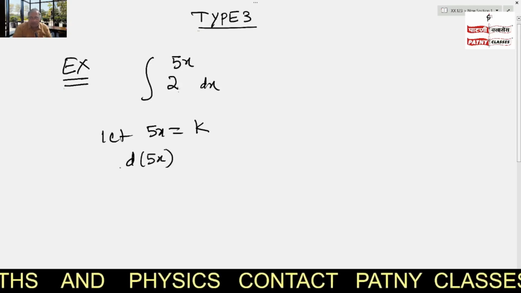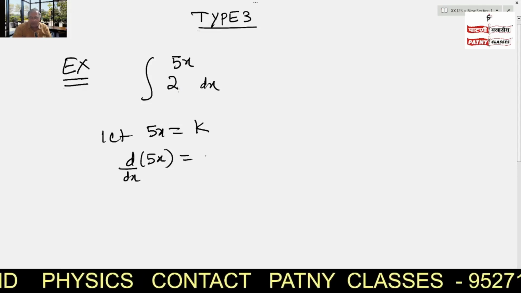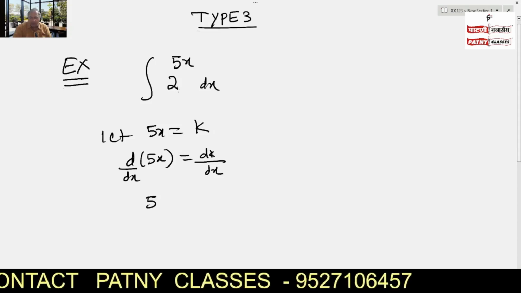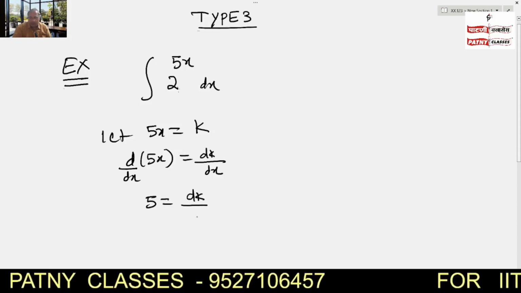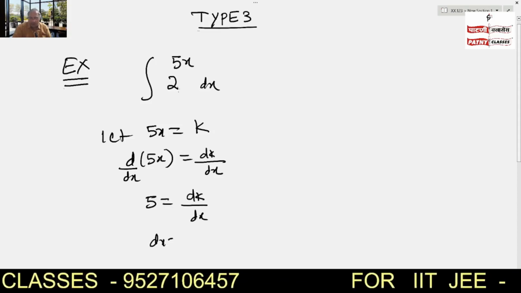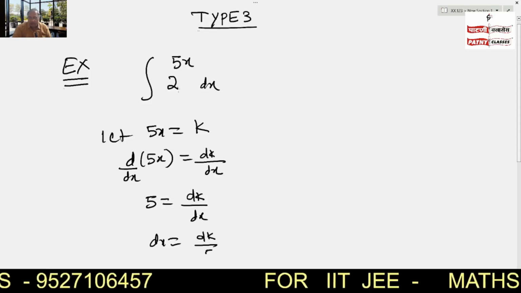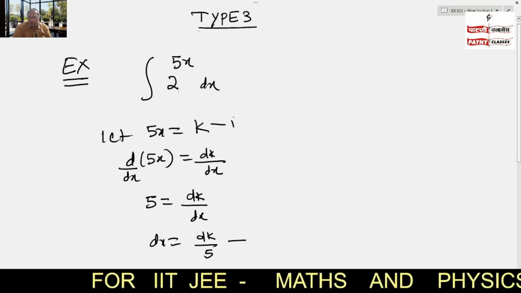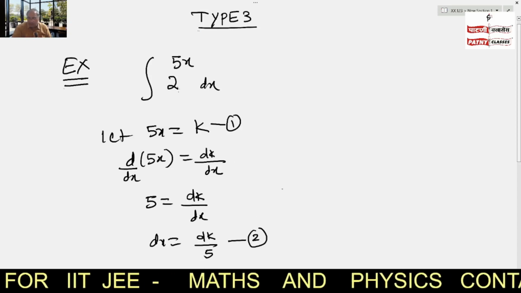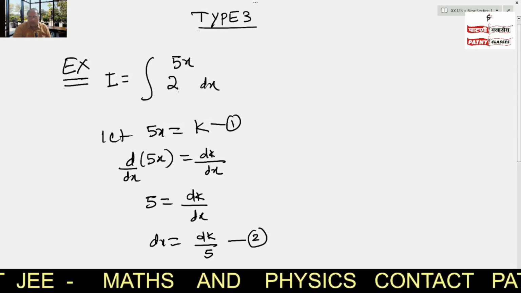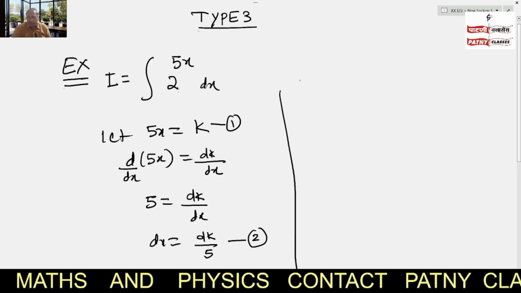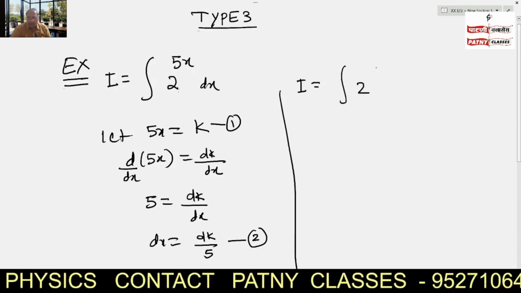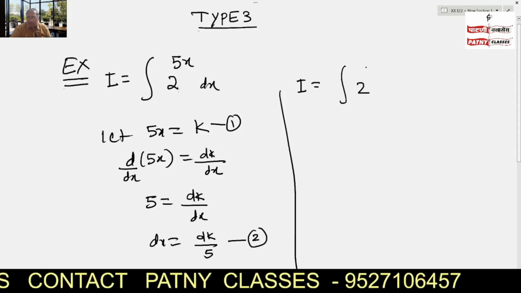So differentiating 5x with respect to x equals dk by dx, and differentiation of 5x is 5, equals dk by dx. Therefore dx equals dk upon 5. Let us call it equation 1. In the given problem, I becomes I equals integration of 2 raised to, and in place of 5x I can write just k.